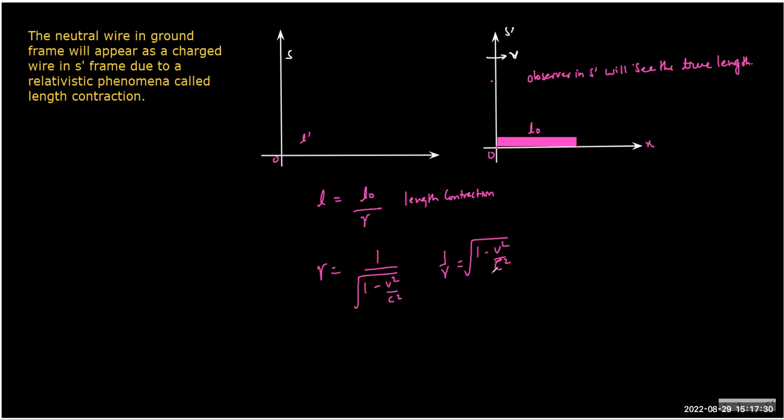Okay. So when we observe the wavelength of light, the wavelength doesn't appear the same in all frames. Even the wavelength will appear different in different frames. So if the source is moving with some velocity, then its wavelength will shrink actually. Okay. Because of the same phenomenon, the length contraction.